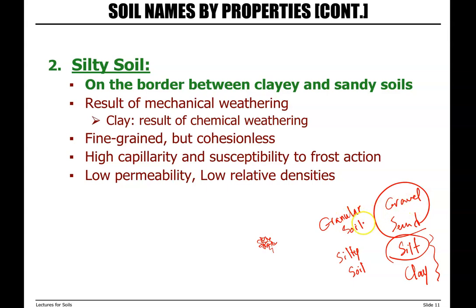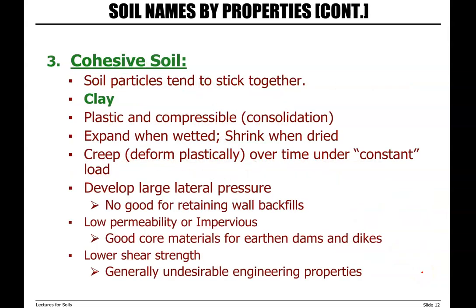So we talked about granular soil and silty soil. The next type of soil is clay. When you have a clay sample, particles tend to stick together. That's why it's referred to as cohesive soil. It's a plastic material. You can deform it without cracks appearing.